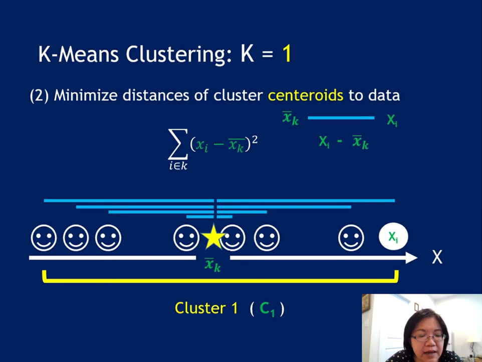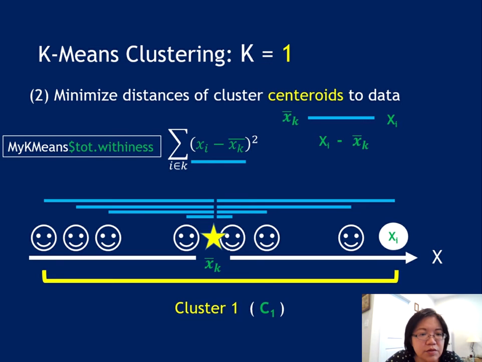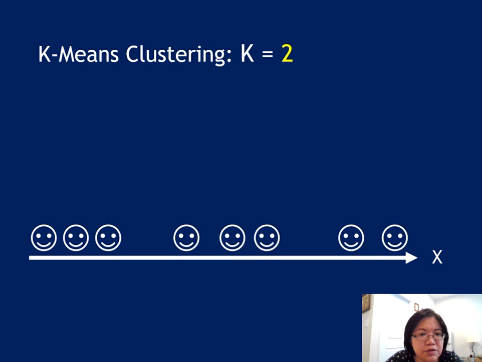And then we square them, add them up, and that is the amount that we're trying to minimize. So that's actually what we mean by tot.withinss. It's really just the total amount of distances.